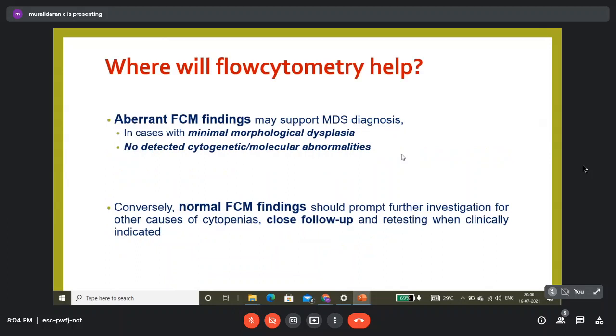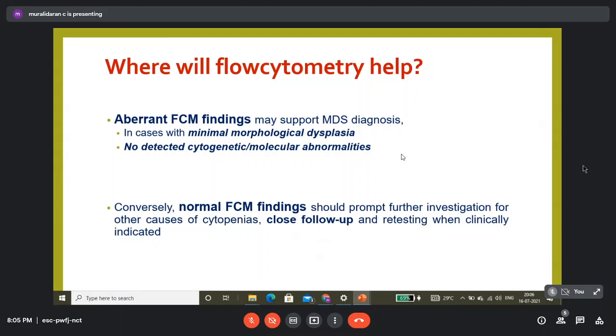So flow cytometry may support the diagnosis of MDS, though it is recommended by the European network, it is not mandatory for diagnosis. In cases of minimal morphological dysplasia, or where there is no cytogenetic or molecular abnormality, a flow can help with the diagnosis.